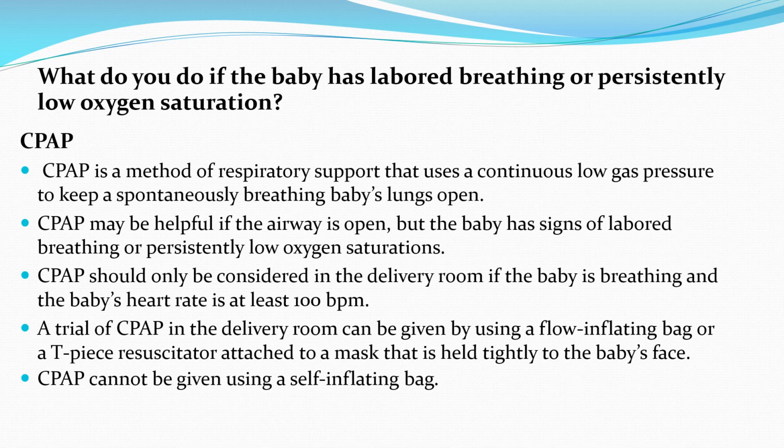It is a method of respiratory support that uses continuous low gas pressure to keep a spontaneously breathing baby's lungs open. CPAP may be helpful if the airway is open, but the baby has signs of labored breathing or persistently low oxygen saturation. CPAP should only be considered in the delivery room if the baby is breathing and the baby's heart rate is at least 100.